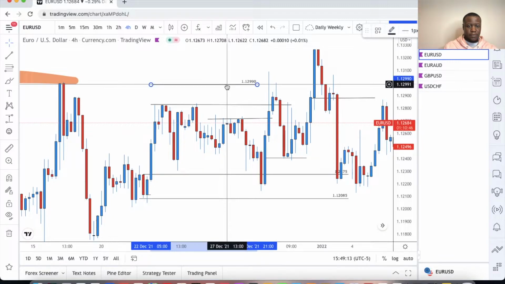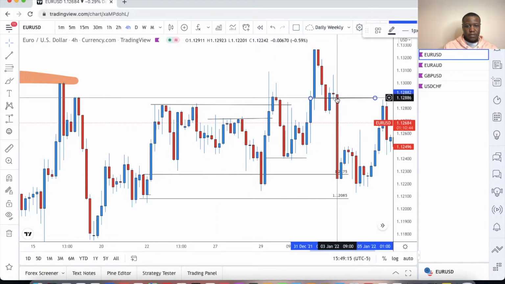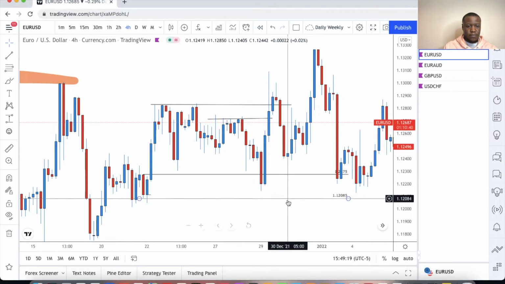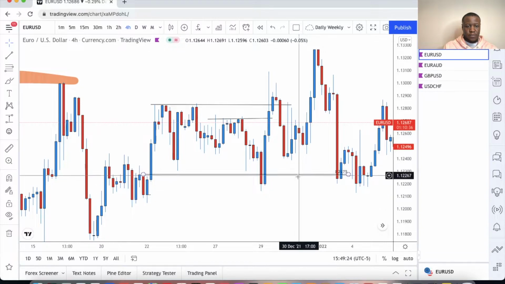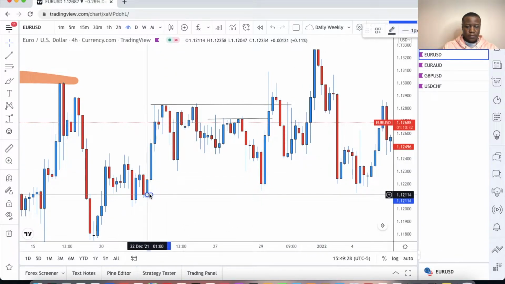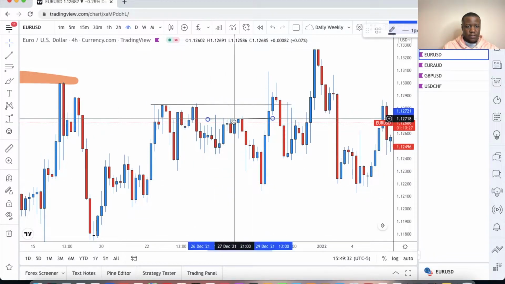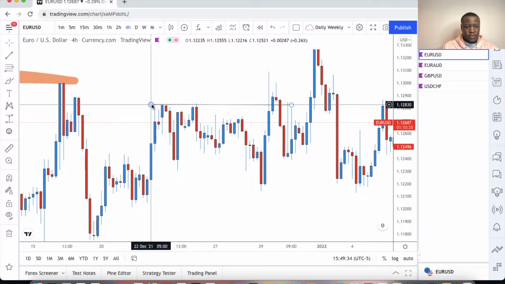Let me clear this up for you guys a bit. So you want to take partial profits at this most recent high right here.